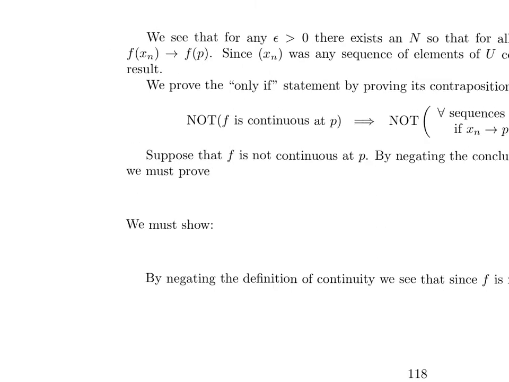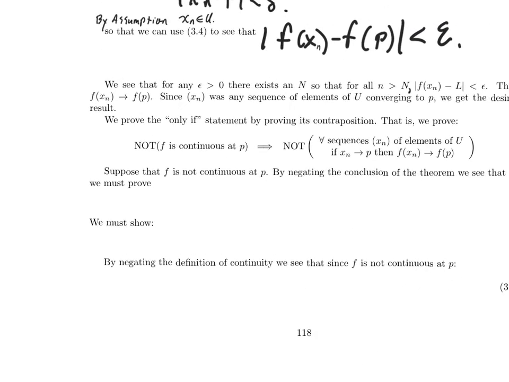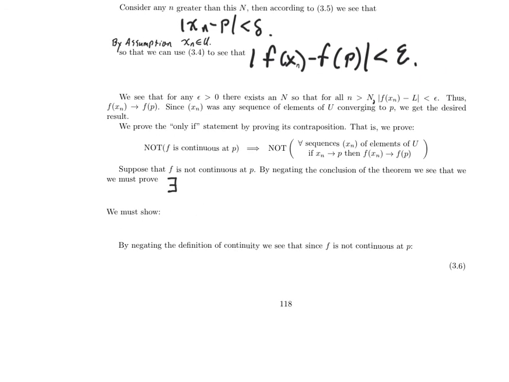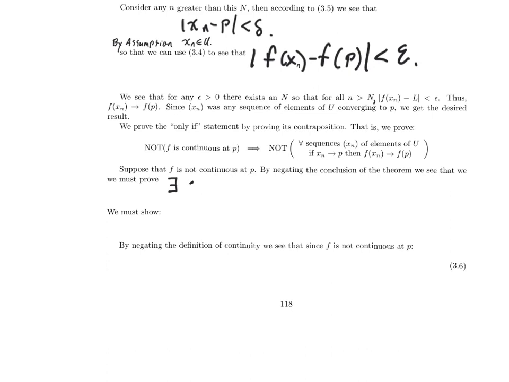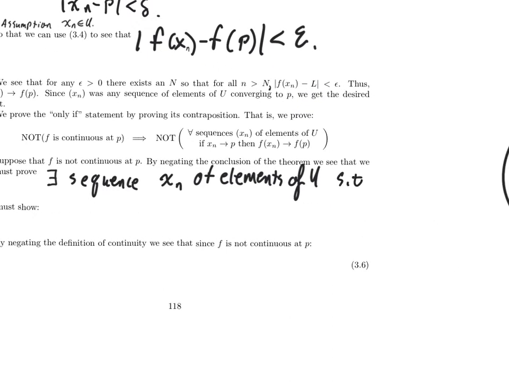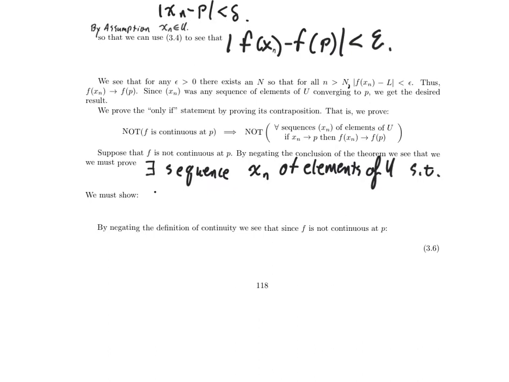I need to prove there exists a sequence x sub n of elements of U such that x_n converges to p and f of x_n does not converge to f of p.